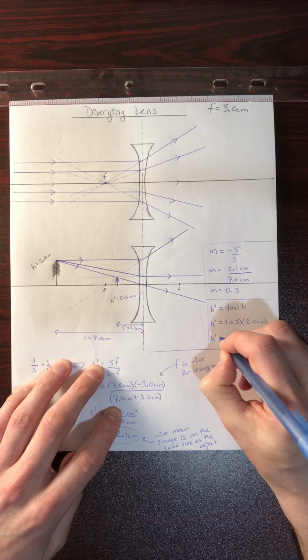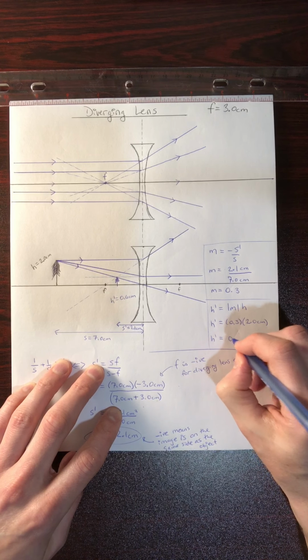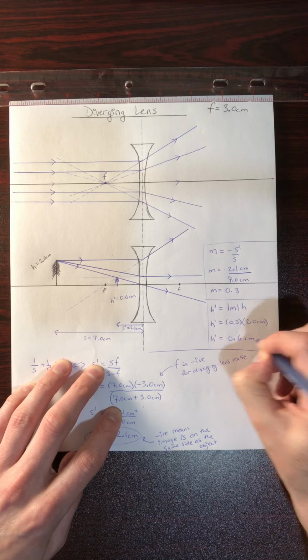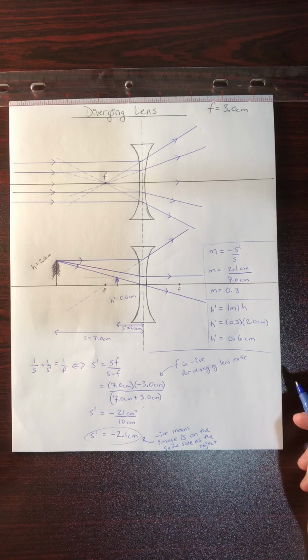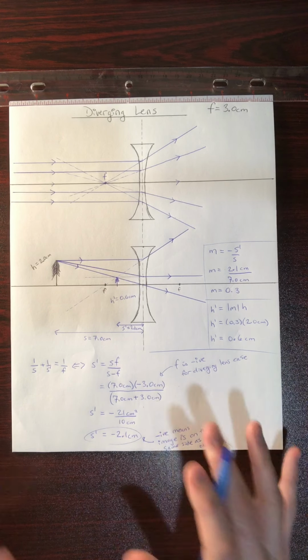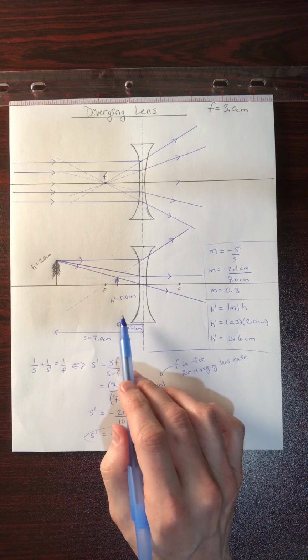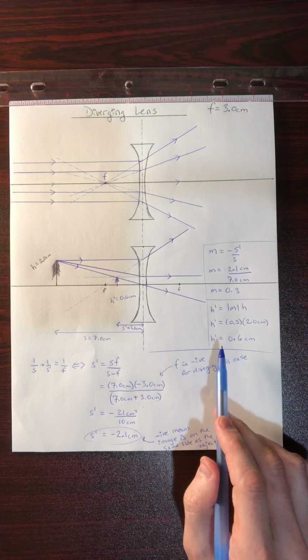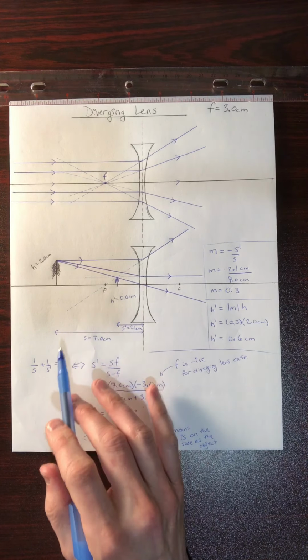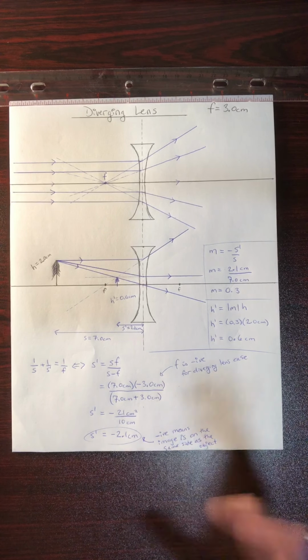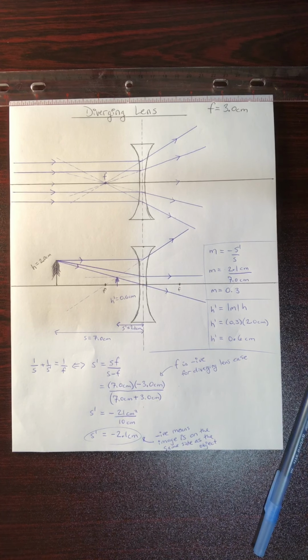And so we get a height that's 0.6 centimeters. Okay, so surprisingly, I tried pretty hard to get the diagram fairly well, and we see the same result here. So we can do it very carefully by drawing it all out, but of course it's actually much faster to do the equation and do the calculation. But you get the same answer either way, and that's always nice.